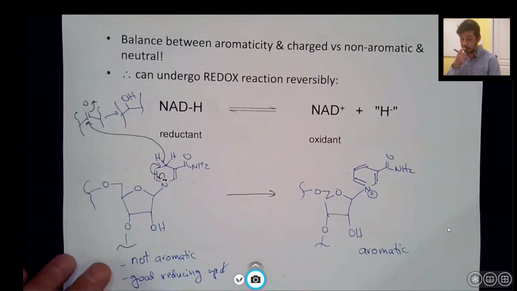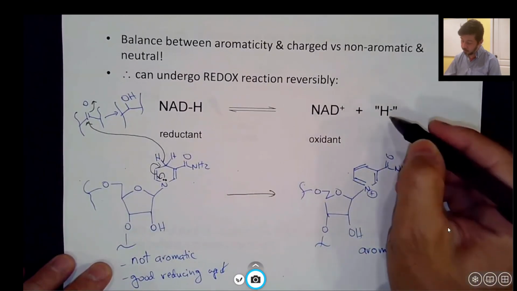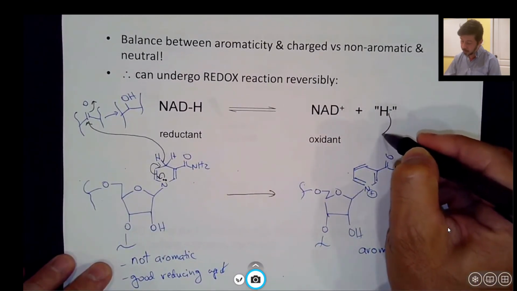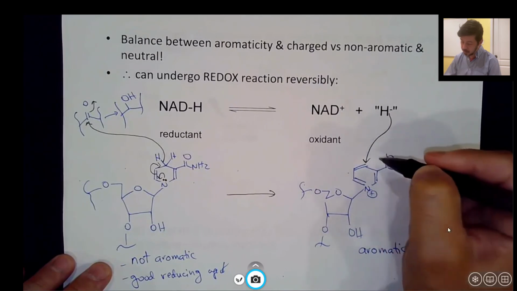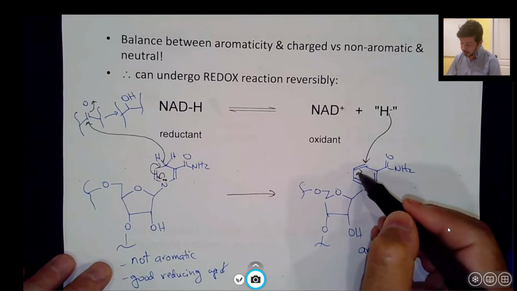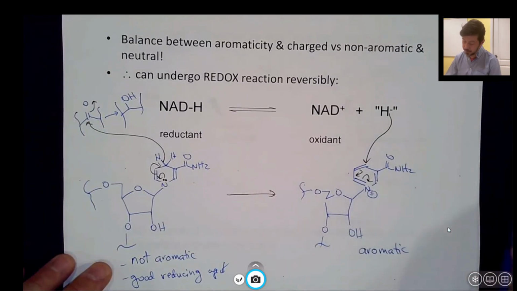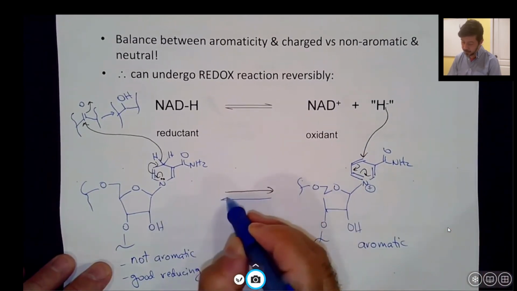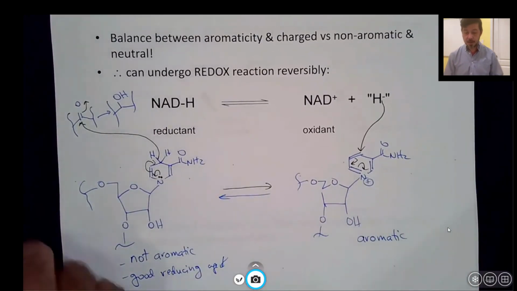So that's the driving force for this reaction. And then similarly, you've learned that this is reversible. So you can imagine this is now easily oxidized. This is the oxidant, and you can go back to your reduced form. Okay? So it's a balance between aromaticity and charged forms, right?